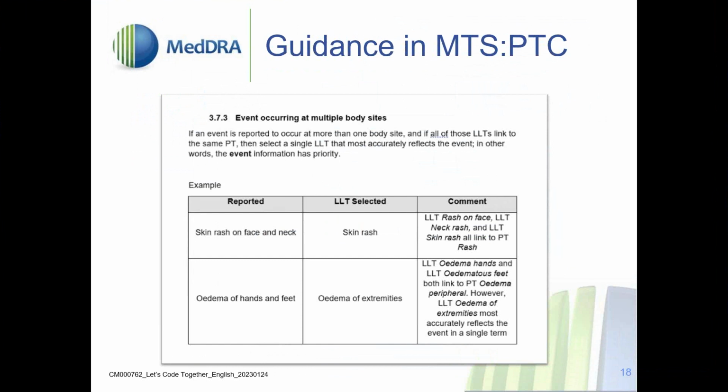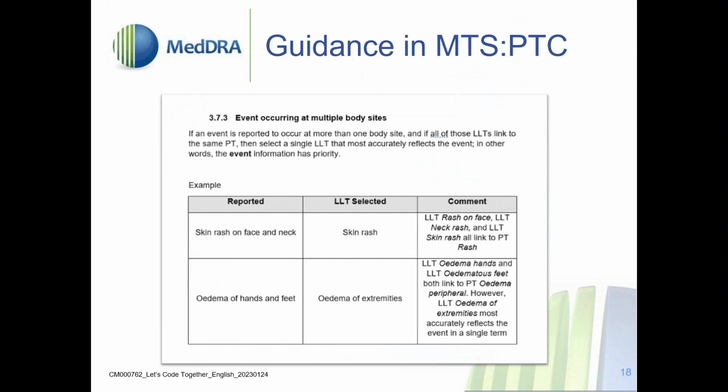In our example, both the LLT early morning joint stiffness and the LLT stiff knees are linked to the PT joint stiffness. There's no additional specific LLT available for the stiffness in the finger joints. So we could just code to the stiff knees LLT, but this would mean that only the knees were affected. That's not the case.